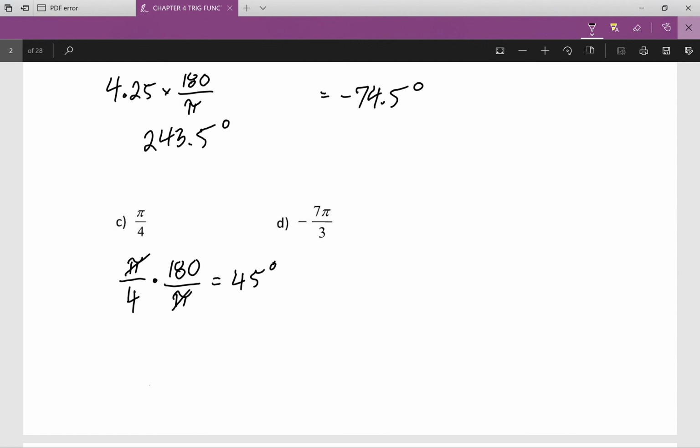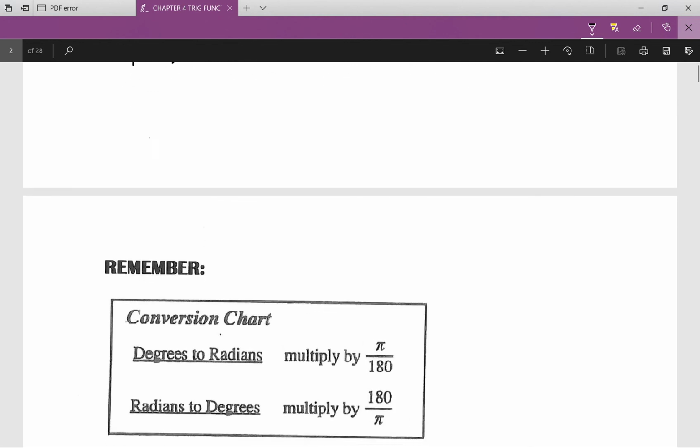And then finally, negative 7 pi over 3 multiplied by 180 all over pi. That gives me the cancellations, and I get 7 times 180 divided by 3. And this would give me negative 420 degrees.